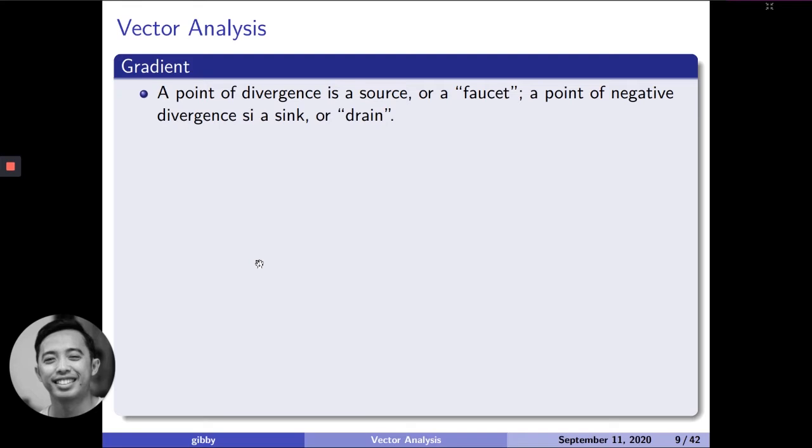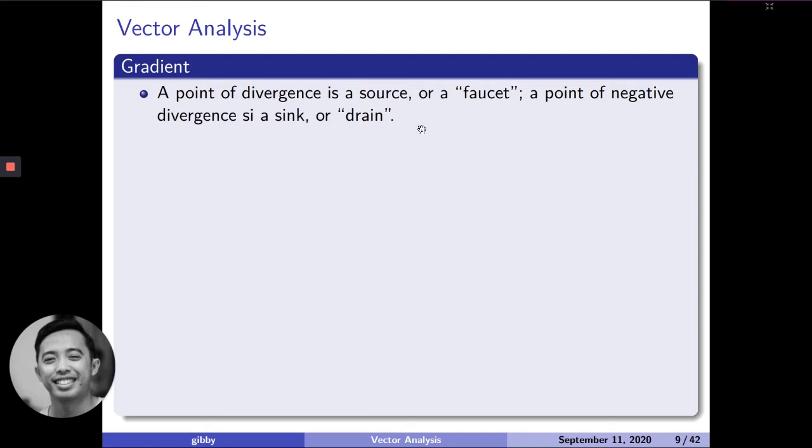Now another important quantity in electromagnetism is the idea of divergence. A point of divergence is a source or a faucet. A point of negative divergence is a sink or drain. When you say divergence, it is like how spread out it is.